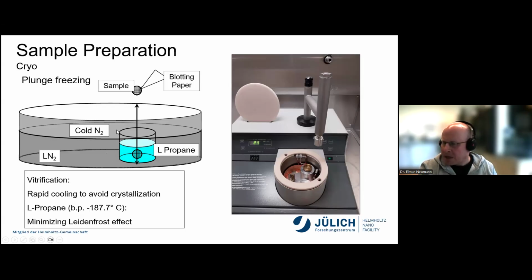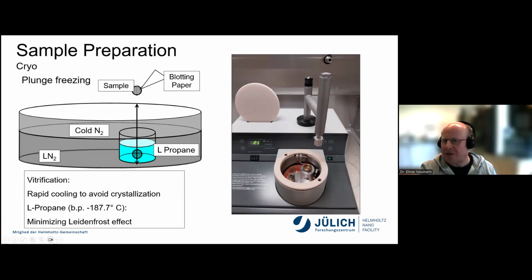So this is cooled here with liquid nitrogen, and what is also very important is that you have a cold nitrogen vapor atmosphere on top of this one. This makes handling of these samples later a little easier. You use propane in order to minimize the Leidenfrost effect you may have heard of.